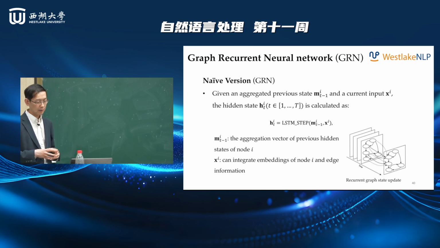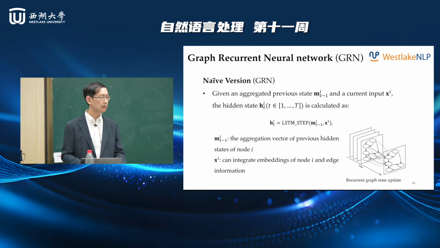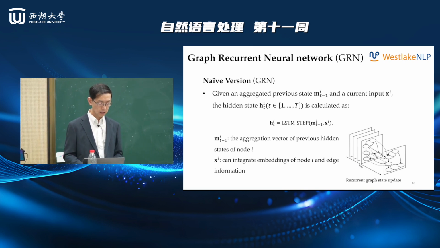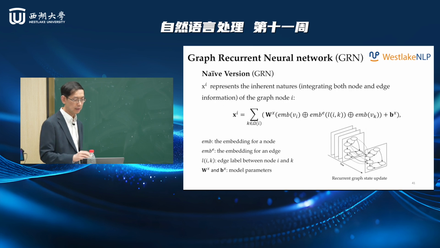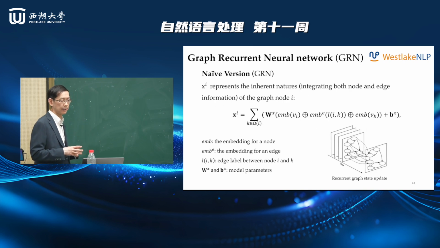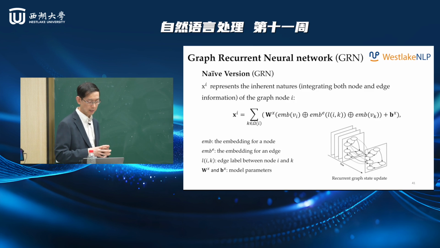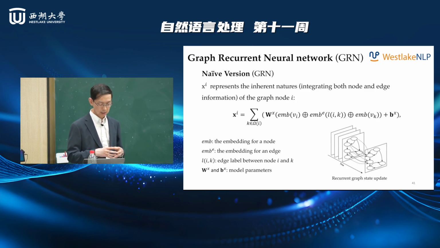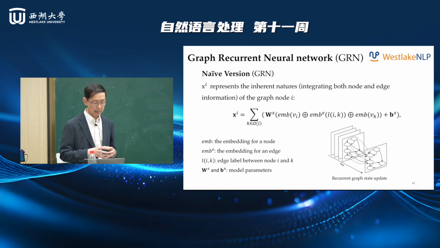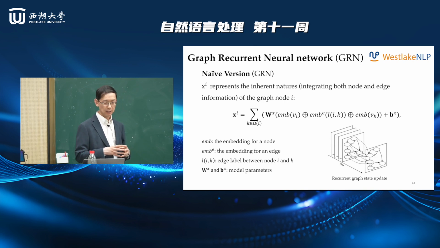So x_i can include node information and edge information. This is an example of how I encode x_i: I first concatenate the embedding of the current node, the embedding of each neighbor node, and the edge embedding l_ik, where l_ik is the edge between node i and node k.